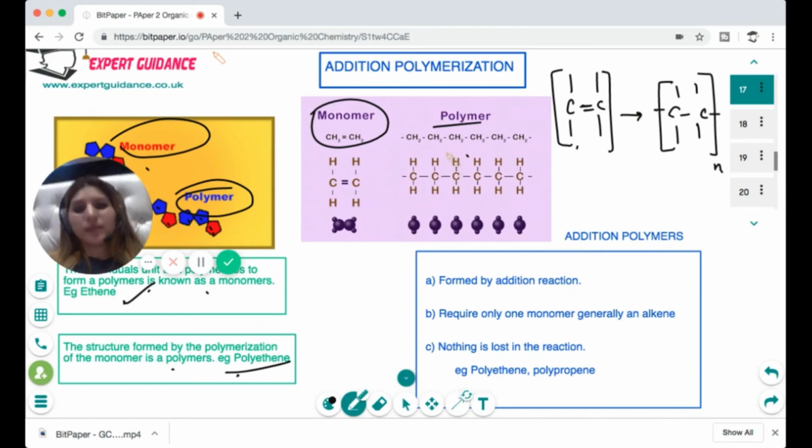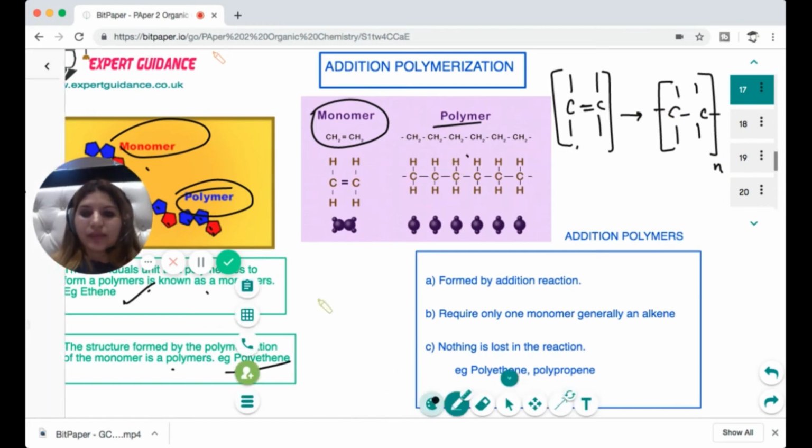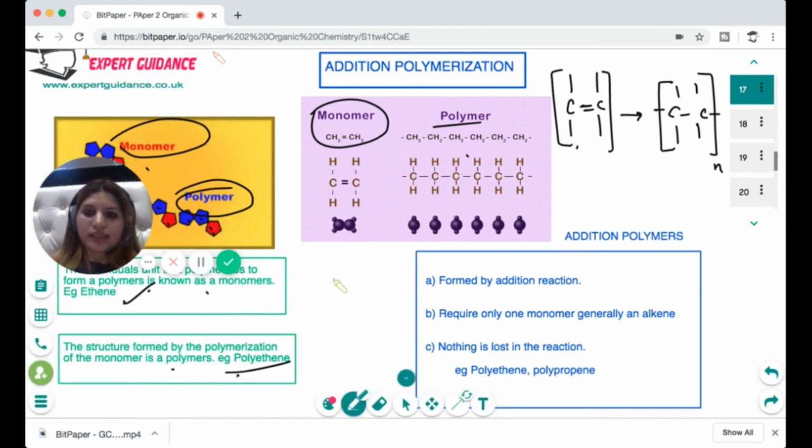That becomes a repeating unit. So for example, if the ethene molecule is given to us, then this will be our ethene, and I'll write n in front of it. And to make the polymer, I'll convert the double bond into a single bond, join it to the ends, and then write n at the bottom.